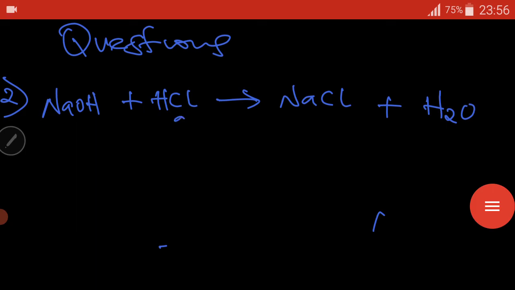Listed symbols here: it's aqueous, even here it's aqueous, this is aqueous, and this is liquid.